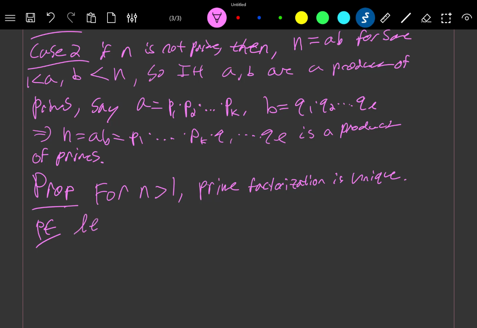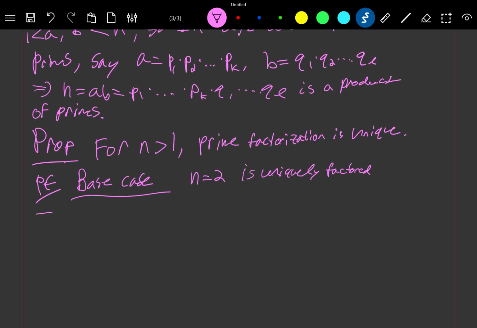So again, let's do this by strong induction. So the base case is n equals 2. This is uniquely factored, since there's no other way to write a prime number as a product of two elements, since its only divisors are 1 and itself.